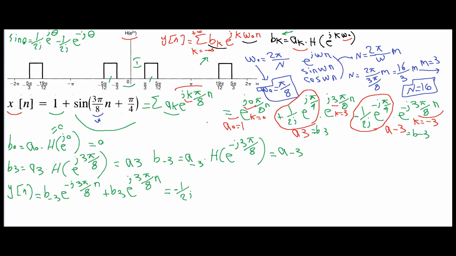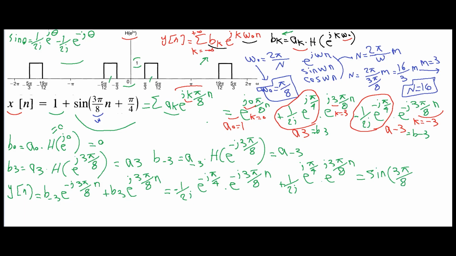With substituting values, y[n] can be written as follows. Using Euler formula, this simplifies to y[n] equals sin(3π/8 n plus π/4).